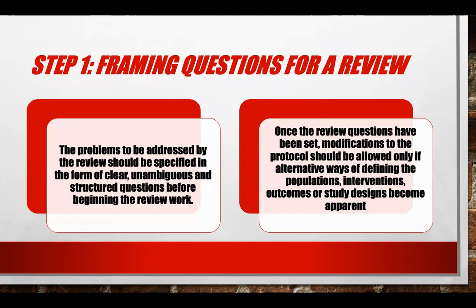After going through that example, which we will address in the subsequent steps, let's move towards step 1, which is framing the question for a review. The problems to be addressed by the review should be specified in the form of clear, unambiguous, and structured questions before beginning the review work. This is very important.